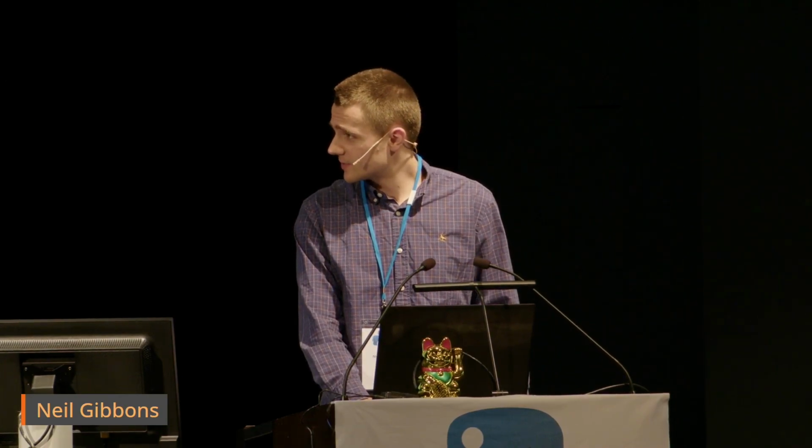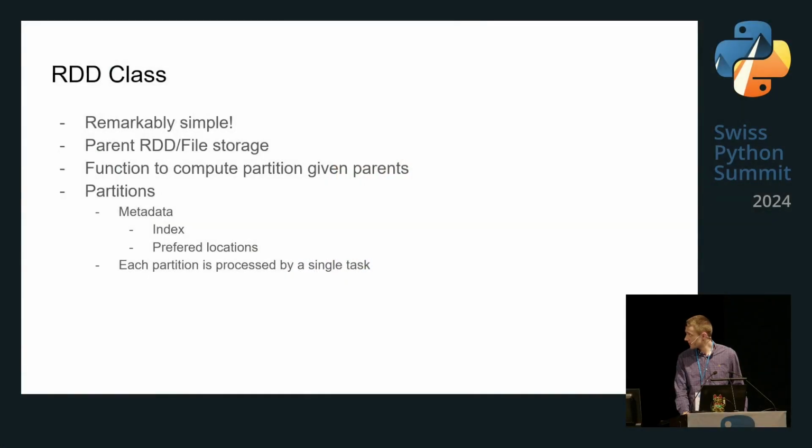And we also need to keep track of the partitions of the data, so how we've actually split the data apart. And that's basically it. That's how we represent our data in Spark, and that's how we achieve fault tolerance with good performance, and we can do this recomputation.